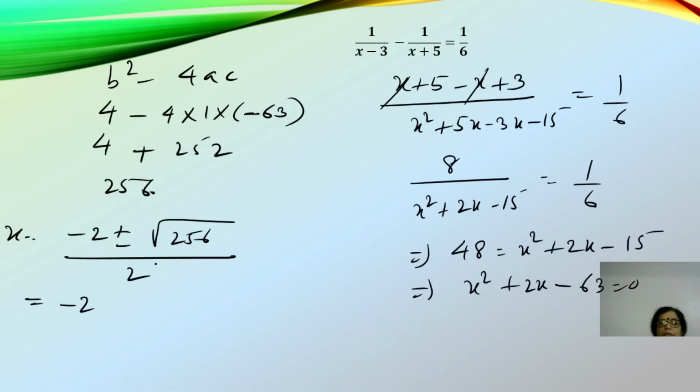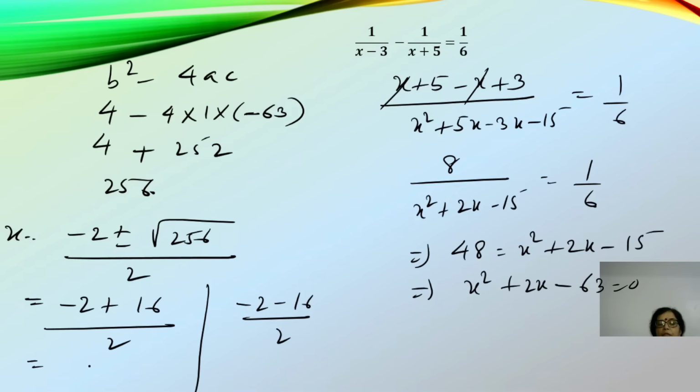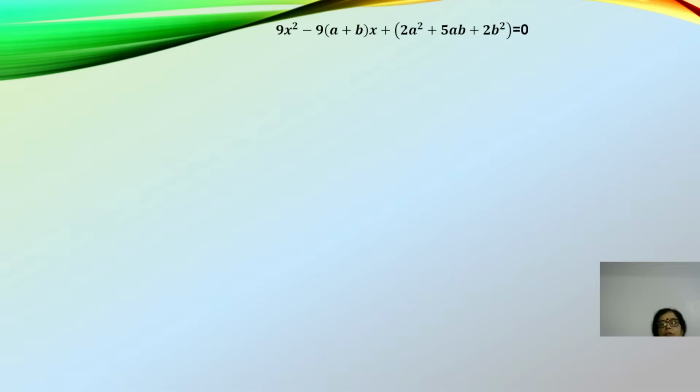So minus 2, if we take the positive sign, this will become 16 by 2. And the other solution will be minus 2 minus 16 by 2. So 16 is the square root of 256. So from here we get 14 by 2, that is 7. And from here we get the solution as minus 9. So these are the two solutions.